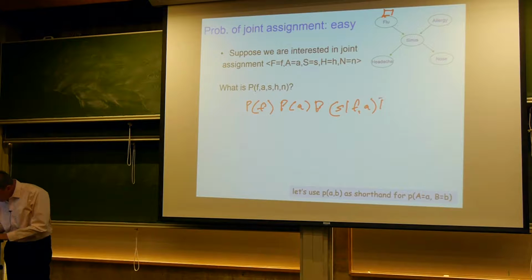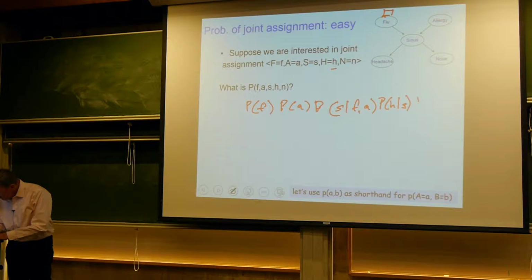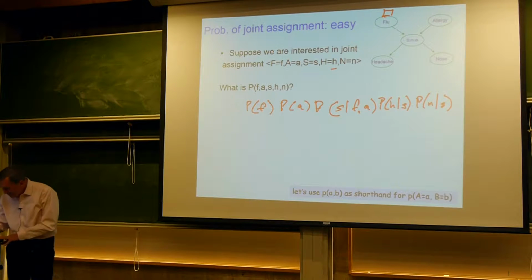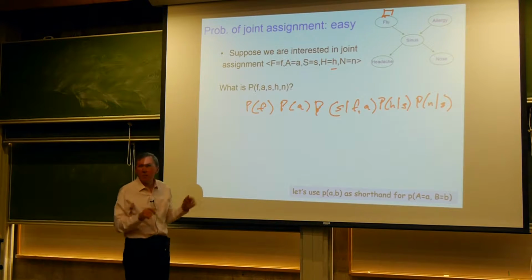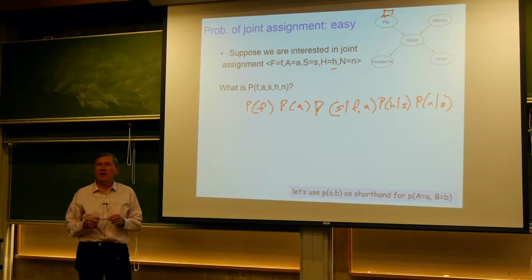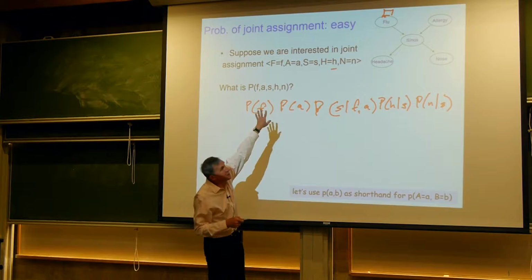And then finally, the probability that headache will have this value given whatever the value of S is, and the probability that I'll have N given S. Okay, so that's just what we talked about last time. You can calculate easily the joint probability for any joint assignment.